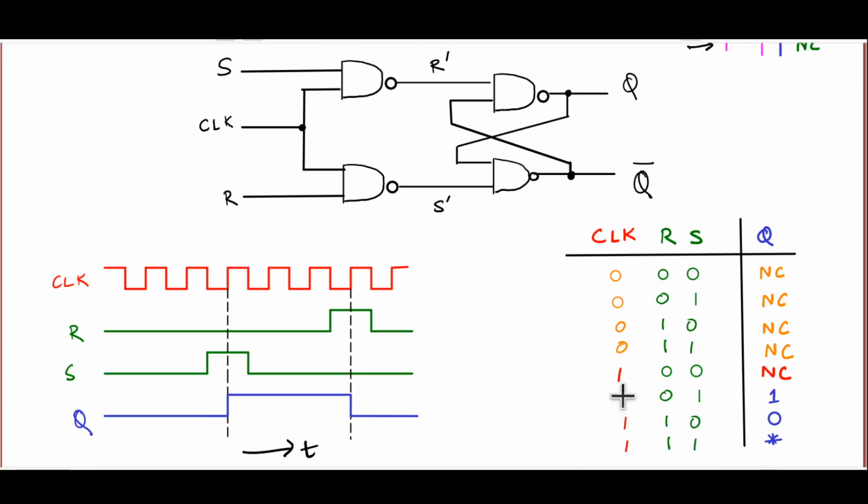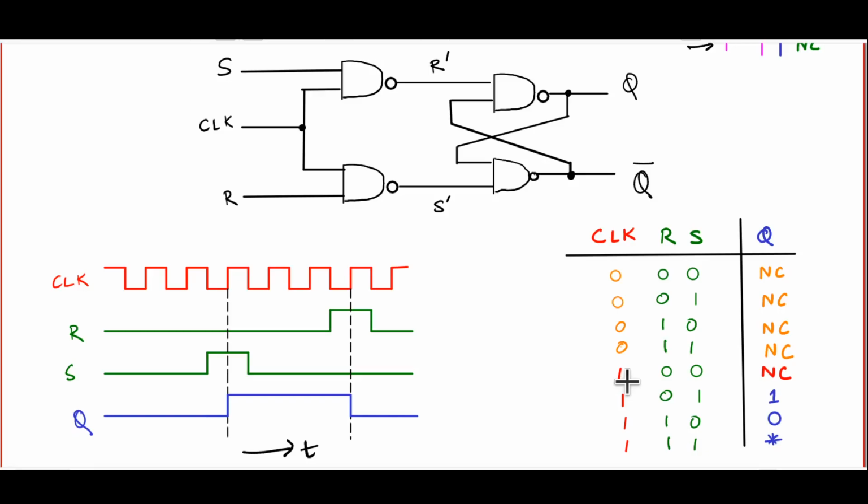Let me stress this line of the table just to remind you that because each input, the S and R here, are actually going to two NAND gates before they reach the Q, what you have here is a behavior which is not really like the NAND latch. In the NAND latch, S and R both 1 is the memory condition, both 0 is the race.